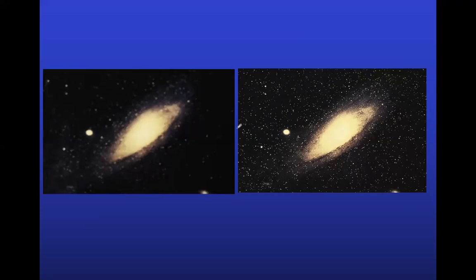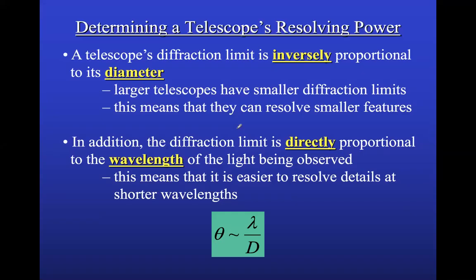This is what happens when you have a good resolving power for a telescope. Now this is how in physics we determine the resolving power of a telescope. Basically, it is the diffraction limit that we have to find.